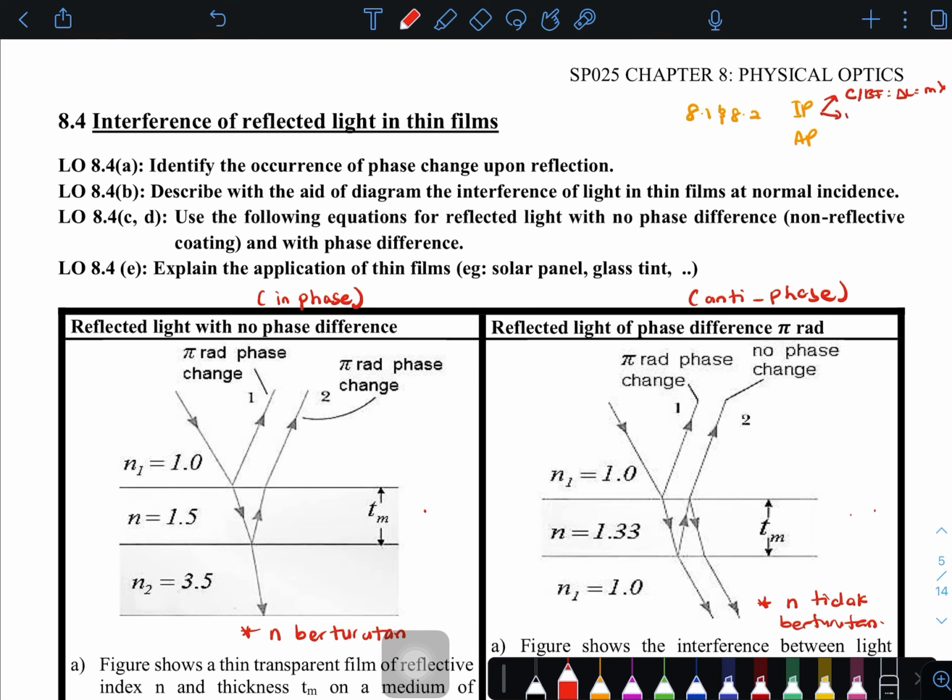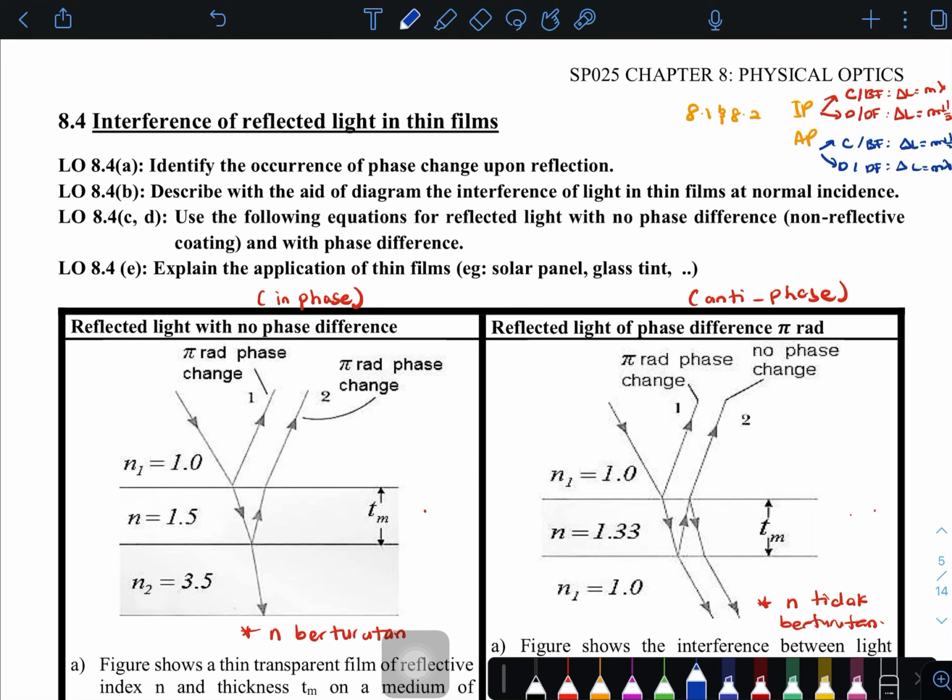Kalau dia menghasilkan destruktif ataupun dark fringes, delta L equals to m plus half lambda. Okay. Kalau antiphase, dia menghasilkan constructive ataupun bright fringes, delta L equals to m plus half lambda. Kalau dia menghasilkan dark fringes, delta L equals to m lambda.